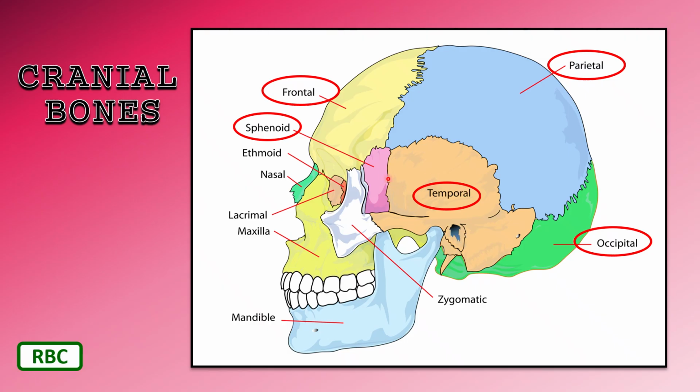Sphenoid bone, you see part of it here, and if you're on the other side of the skull, you'll see the other part, but it's all connected as a single bone. It's shaped like a bat with outstretched wings. If you could look into the skull, you would see it on the floor of the cranial cavity.